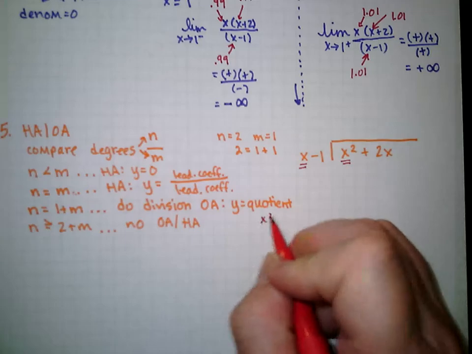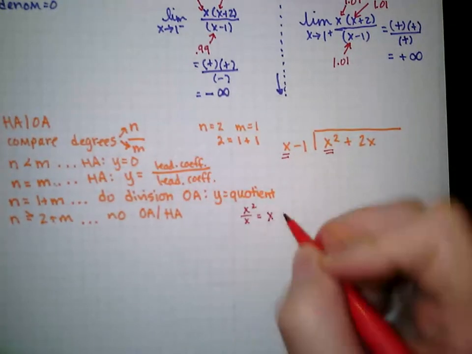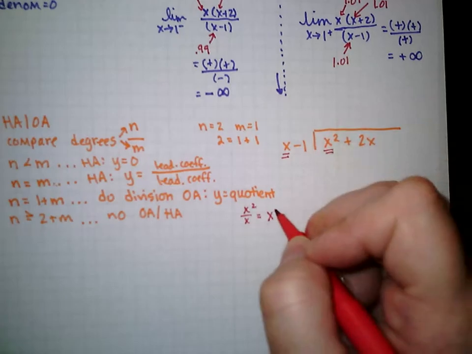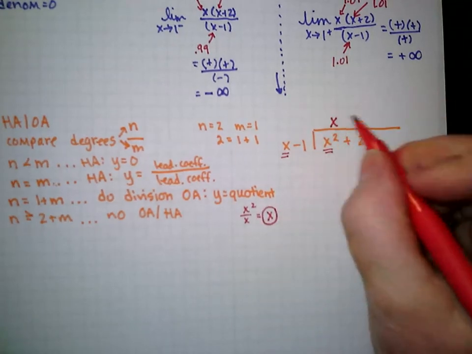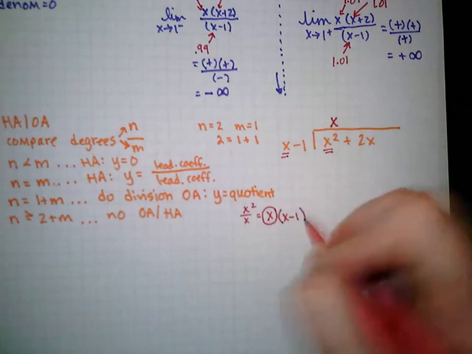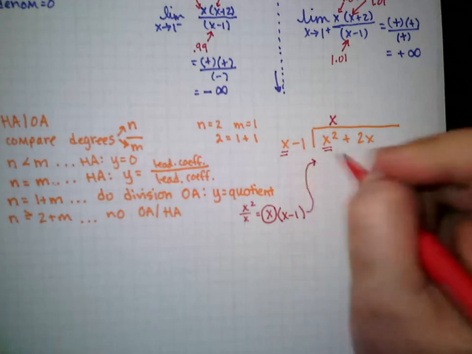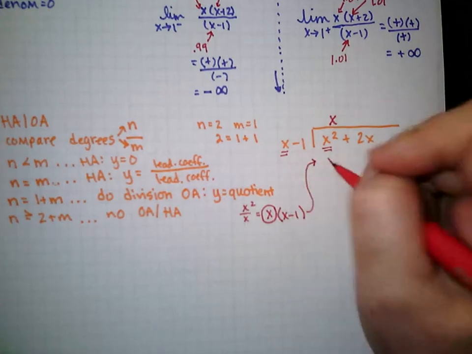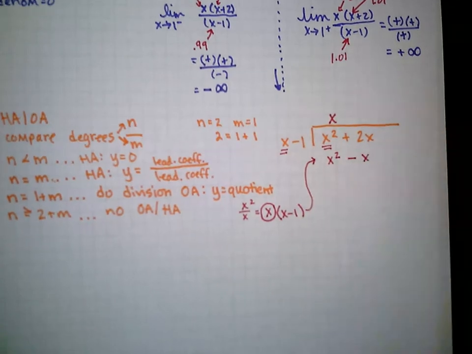So I'm going to do x squared over x, which gives me x. I take this x and put it up here in my quotient. Then I'm going to multiply that x times the divisor of x minus 1, and whatever I get, I'm putting in this row. So x times x is x squared, x times negative 1 is minus x.